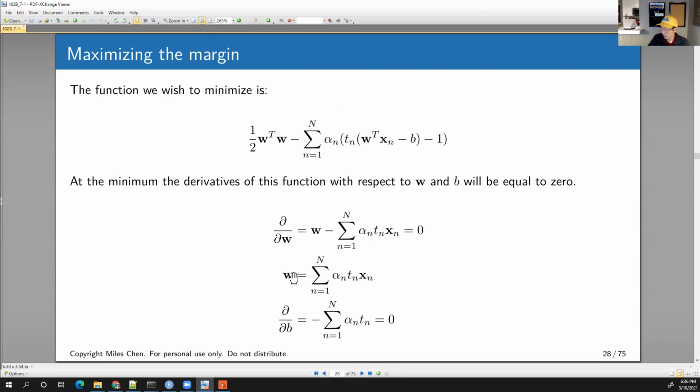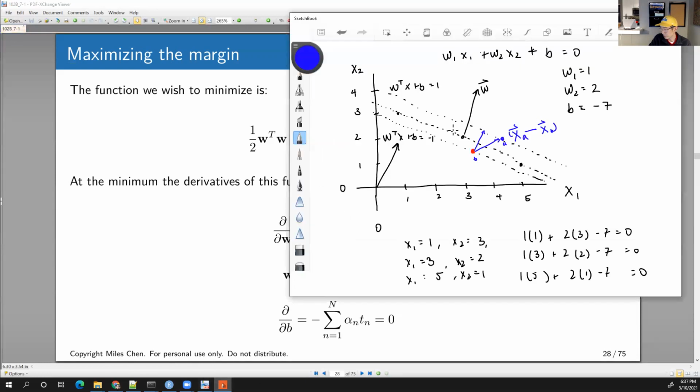So the vector W is equal to the summation of AN TN times XN. And then as far as the partial derivative with respect to B, that's just the constant term of where this thing is located.